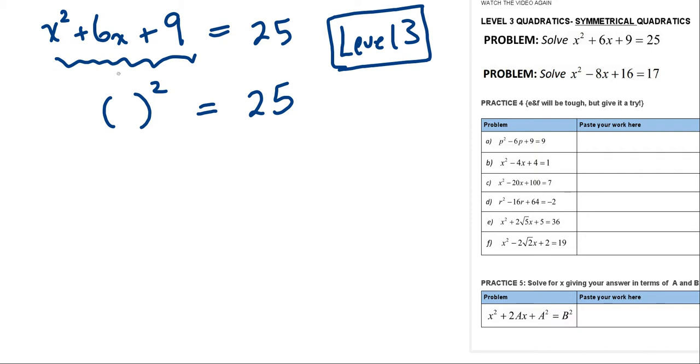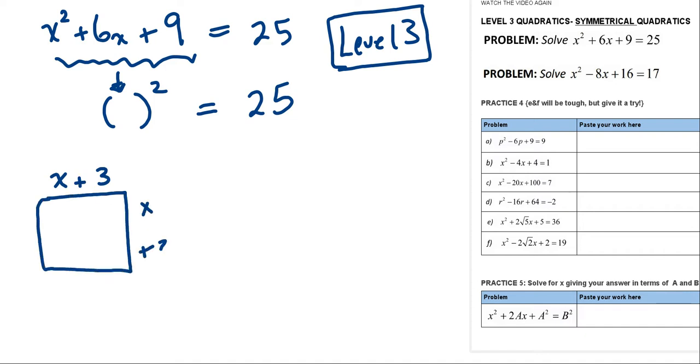I'm not going to review your factoring, but if you were to factor it, guess what? This is in fact a perfect square expression. Namely, this is x plus 3 by x plus 3.